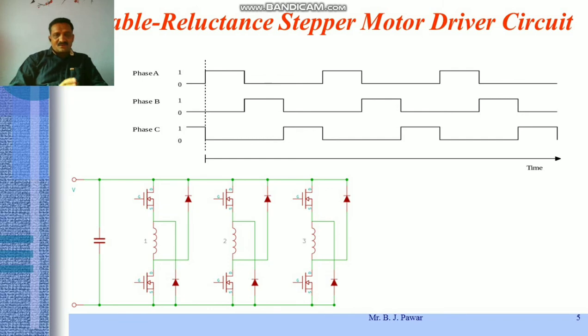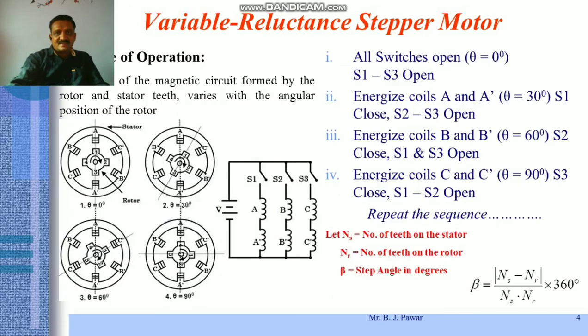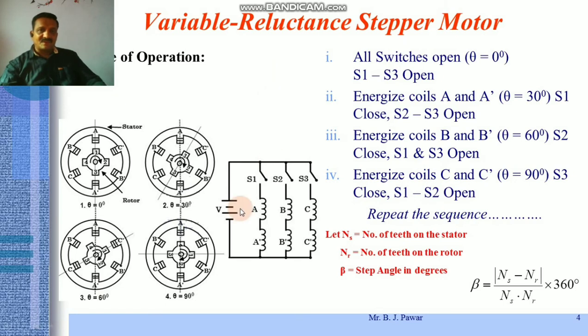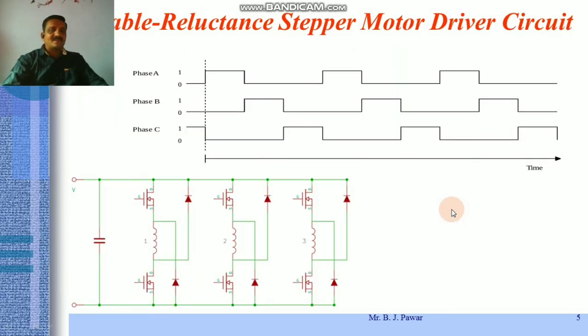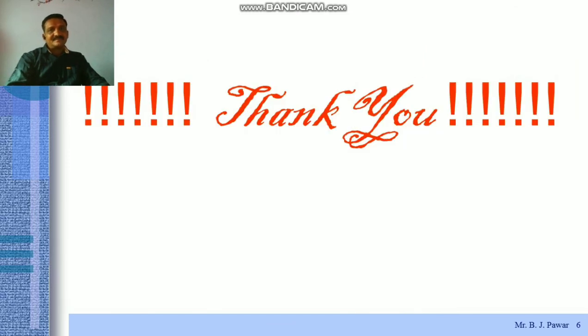Otherwise that motor will rotate in forward as well as in reverse direction also. That means the sequence should be like this only: initially S1 should get on, then S2 and then S3. Accordingly we have to generate those pulses by some pulse generator and apply them to those particular switches, that is MOSFETs. Thank you.